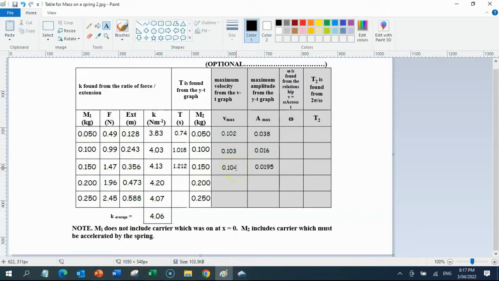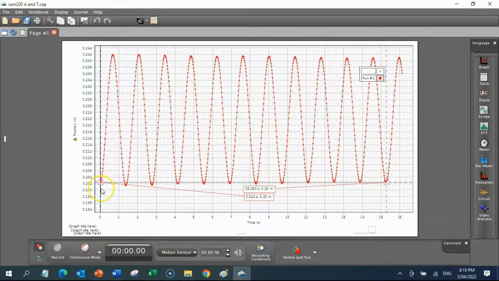Next is 200 grams. So here again, I've done a stretched out version of the displacement graph, and you can see there the time for 10 is the difference between 15.28 and 0.02.